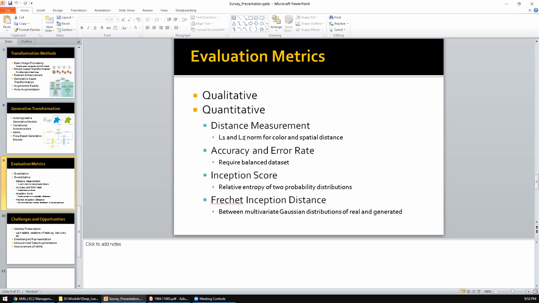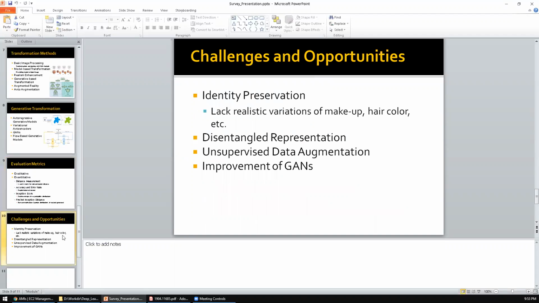Quantitative is distance measurements: you do L1 and L2 norm for color and space, and then accuracy and error rate, and inception score, which is relative entropy between two distributions, like KL divergence or something of that sort. And then there's the Fréchet inception distance, which is between two multivariate Gaussian distributions of real and generated. You try to figure out how close they are and what the differences are.